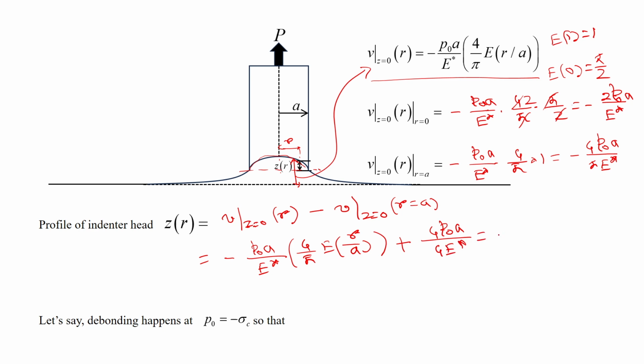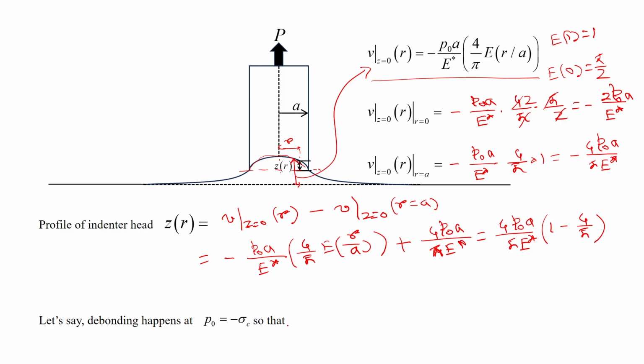So this is equal to P0 a by pi E star times 1 minus 4 by pi. Now I guess we should write it in the opposite way, but it should have come out on its own anyway, we will see.